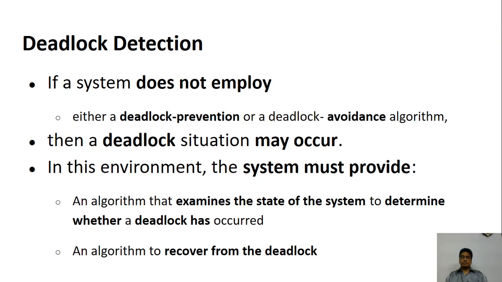Now let's look at the problem of deadlock. We know from the previous classes that before the deadlock can occur, we can prevent it, or you can give the resources in such a way as to avoid the deadlock. These two things you have seen in the previous classes.